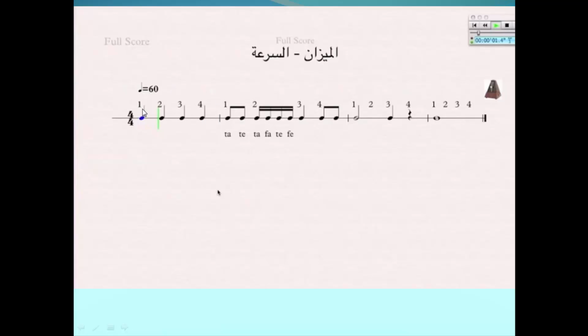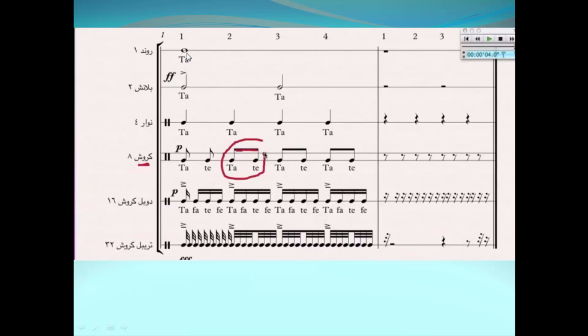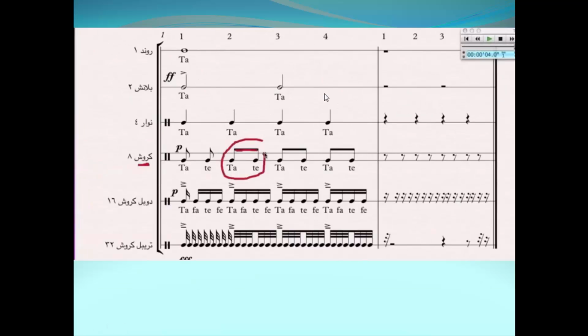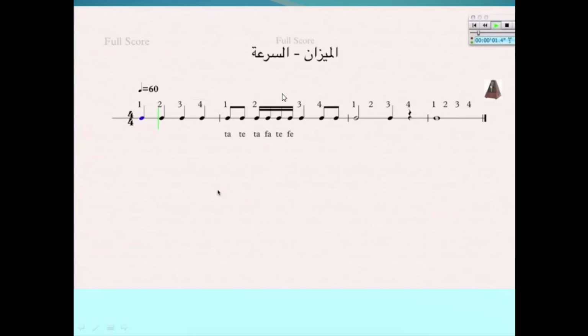It's only 4. Okay, or I can put in the one measure what is equal to this, 1, 2, 3, 4. It is equal to 1 ta. Okay, also it is equal to 2 ta ta.